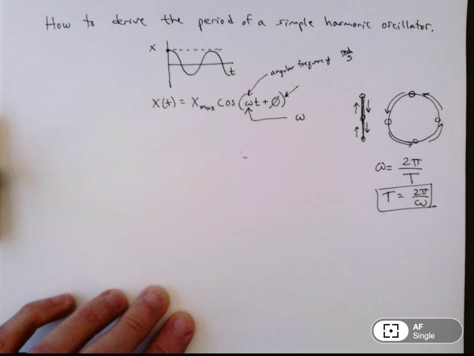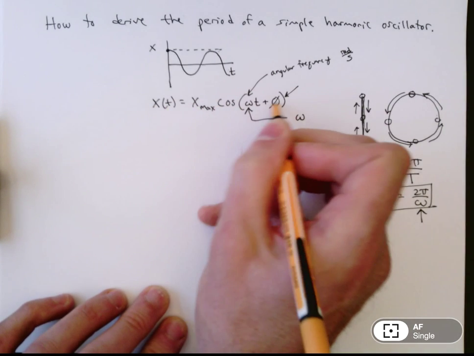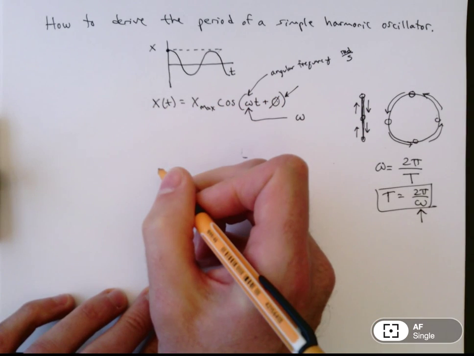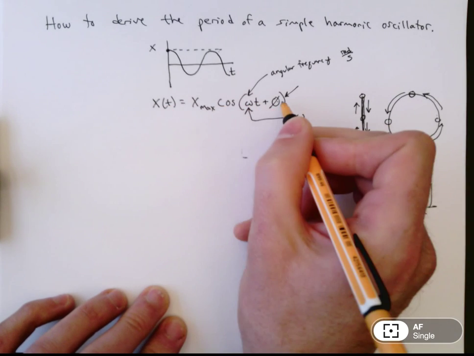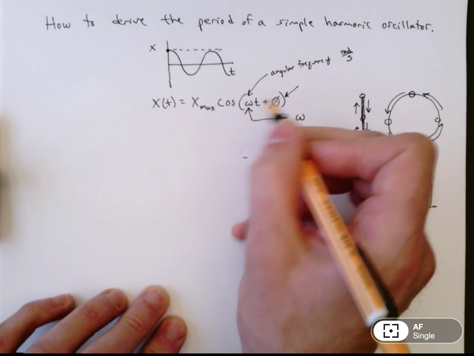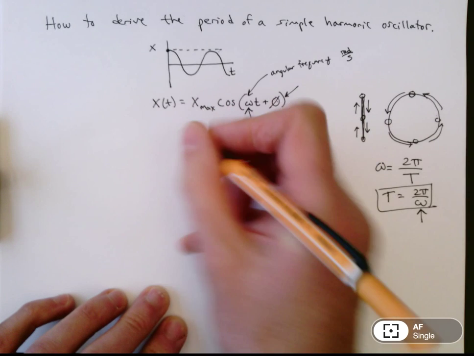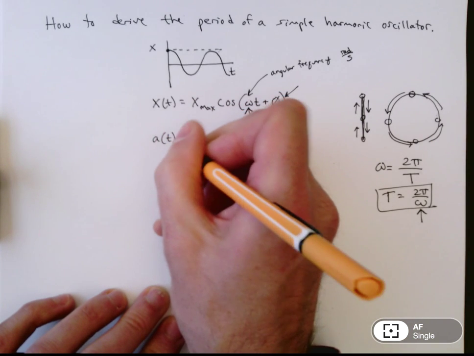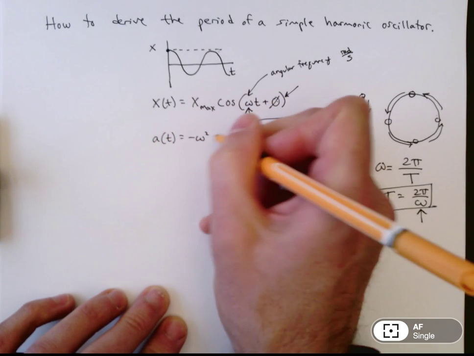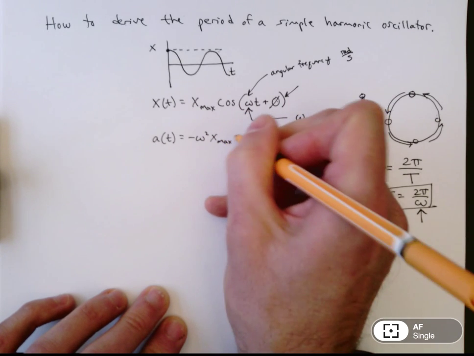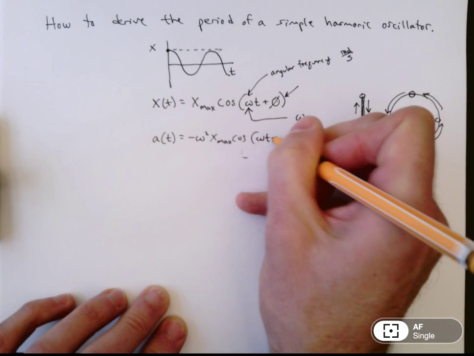To get there, though, we need to figure out what omega is equal to. That really comes from not this equation, but the acceleration equation. If we take the derivative of this, we get the velocity equation. If we take the derivative again, we get the acceleration equation, and that looks like this: negative omega squared x max cosine omega t plus phi.